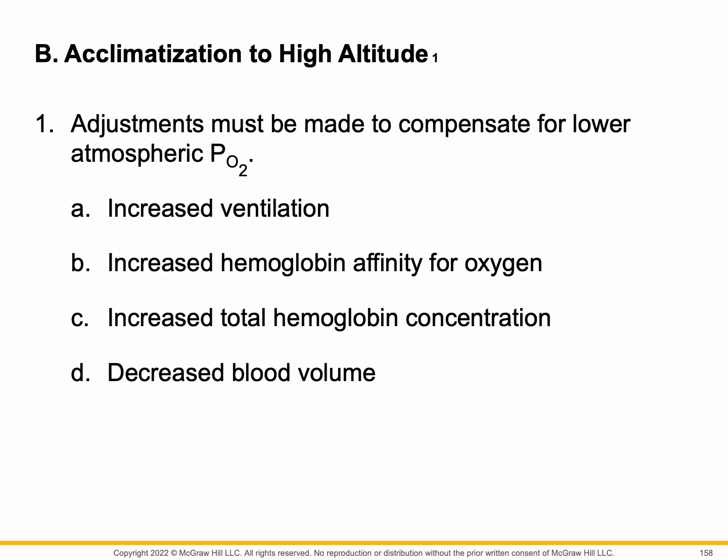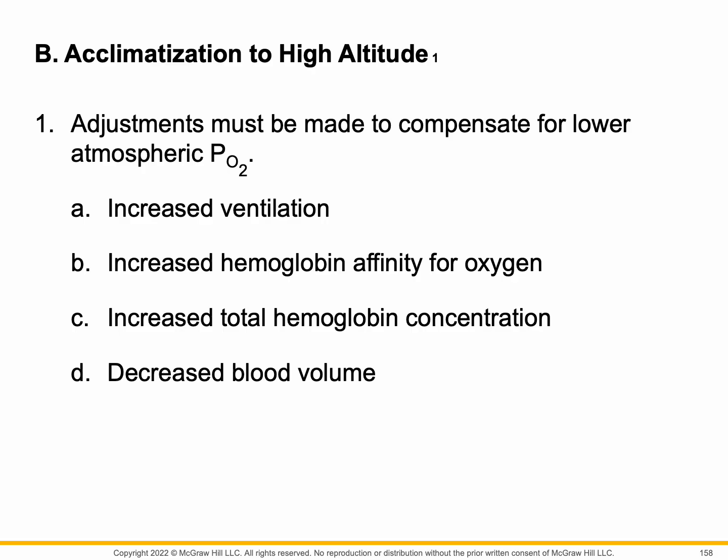In order to acclimate to high altitudes, there are adjustments that have to be made to compensate for the lower atmospheric oxygen levels. This includes increasing ventilation, so breathing more rapidly; increasing hemoglobin's affinity for oxygen so that more oxygen can bind to the hemoglobin at the level of the lungs; increasing total hemoglobin concentration so that there are more carriers for oxygen transport; and then decreasing blood volume in order to increase the hemoglobin concentration to improve oxygen delivery.